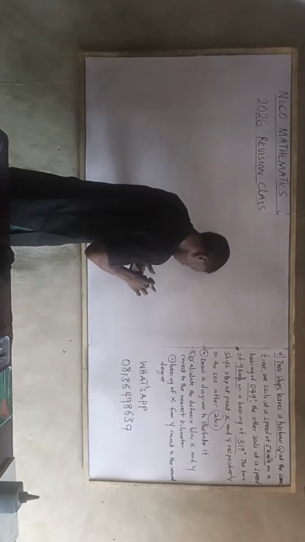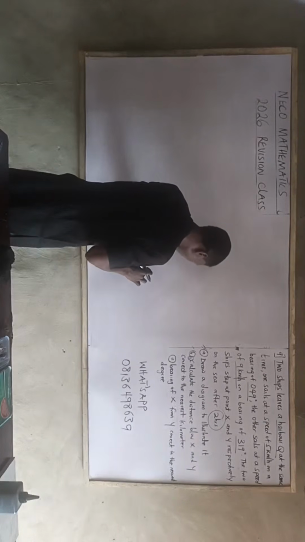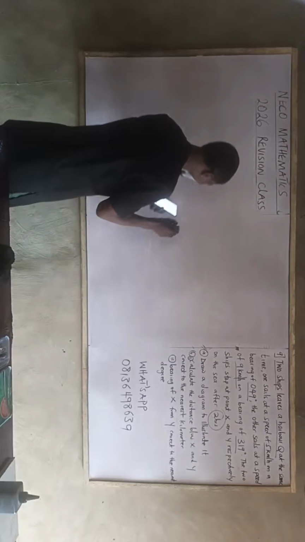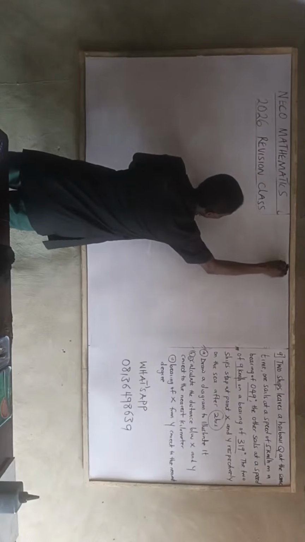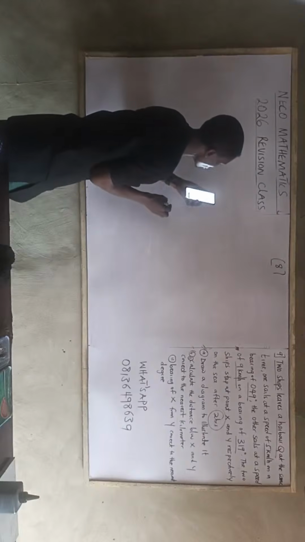Now here, that's question number 8. Permit me to just put in the values here. The question says a woman spent 1/4 of her monthly income on food.